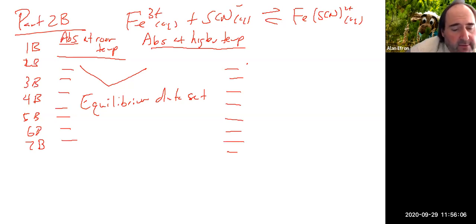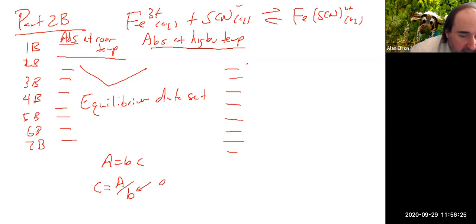And you're going to use those absorbance values and Beer's law to turn them into concentrations. If we resubstitute for Beer's law, it is the absorbance divided by Beer's constant. This will come from your graph from part 2A. The absorbance value is each of the ones listed in the table.